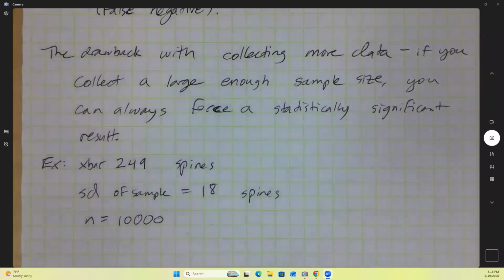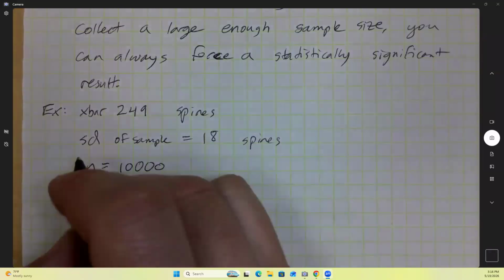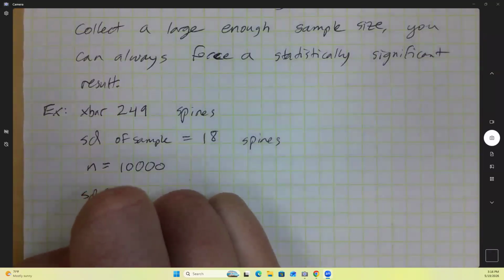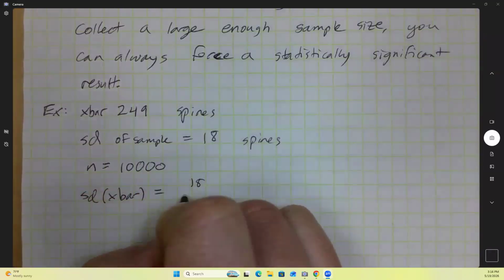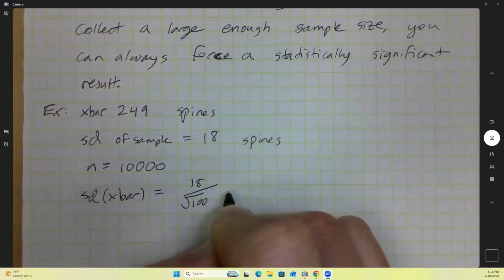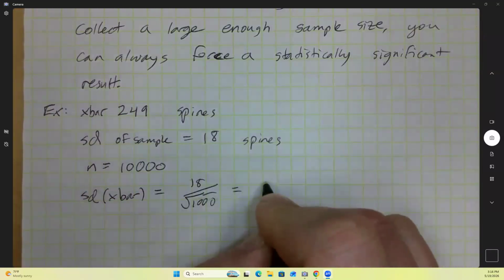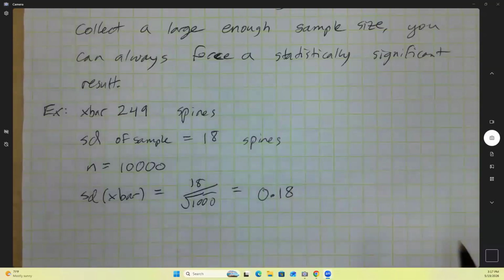But I collected 10,000 sea urchins. That means the standard deviation of my sample mean should be 18 divided by the square root of 10,000, which turns out to be 0.18.